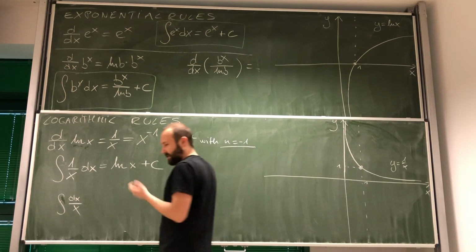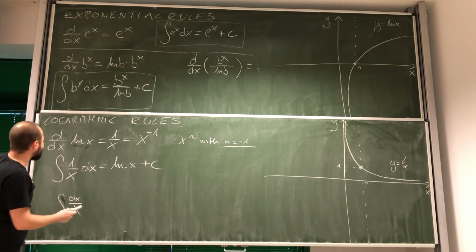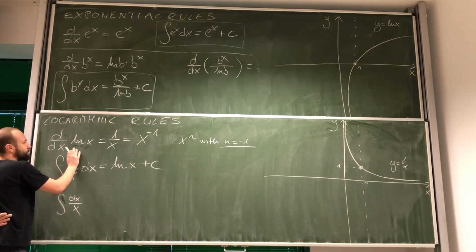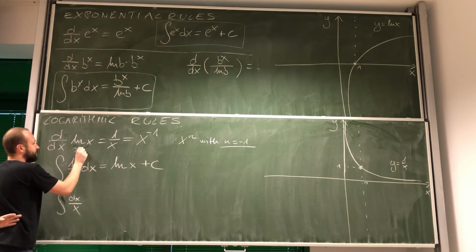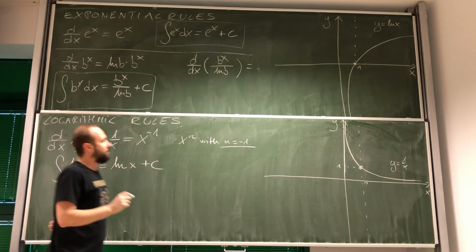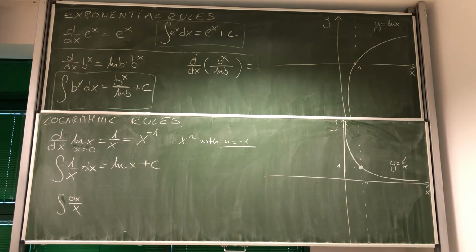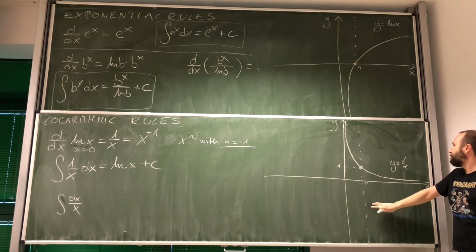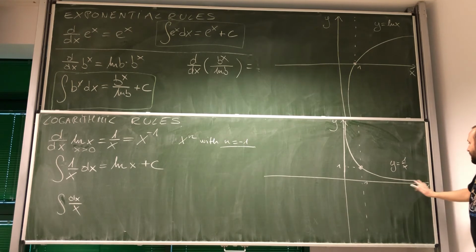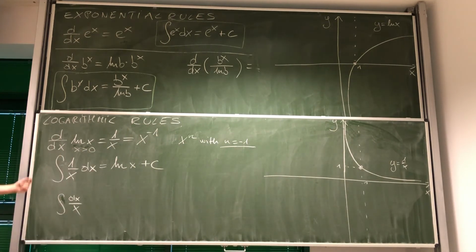But look, there is a trick over here. And what is this trick? Well, the trick is that when I write ln x, I instantly assume that x is bigger than 0, right? So when we were actually discussing the derivative of ln x, we were discussing only positive values of x in the domain. But look, now we are going in the opposite direction. We are starting with the function 1 over x.